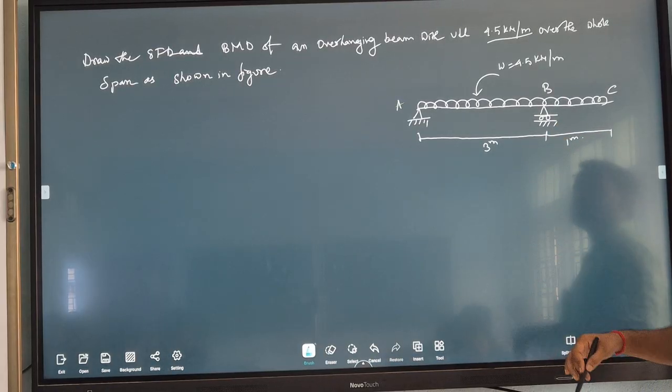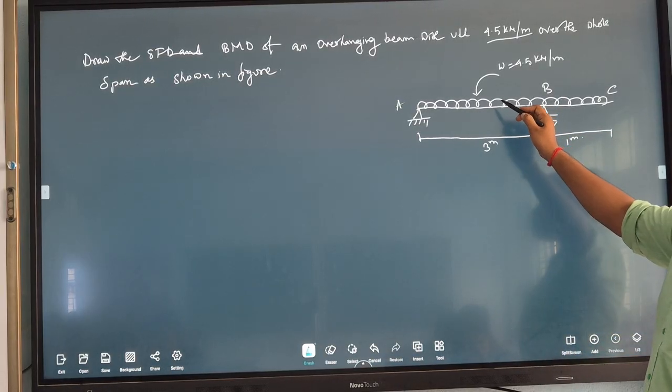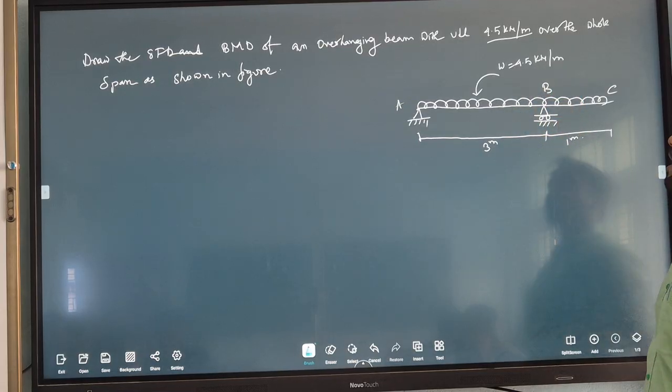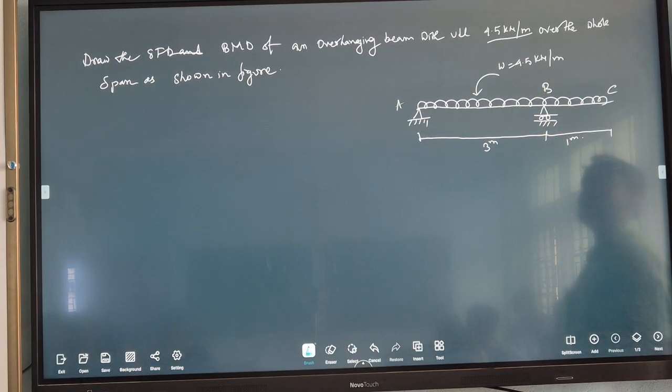This beam is subjected to UDL, or uniformly distributed load, 4.5 kilonewton per meter over the whole span.